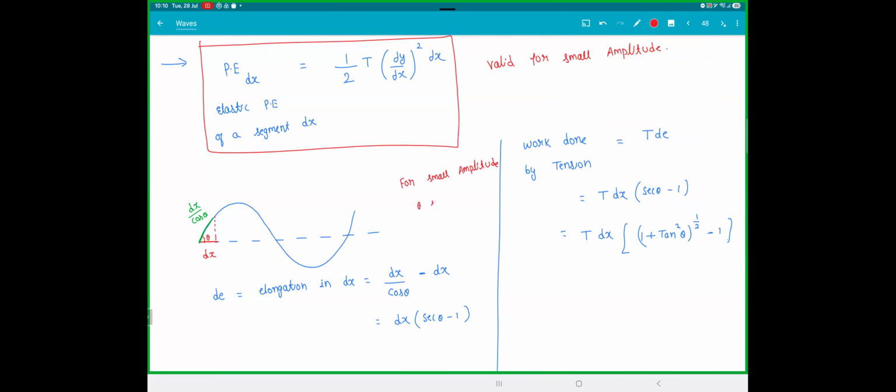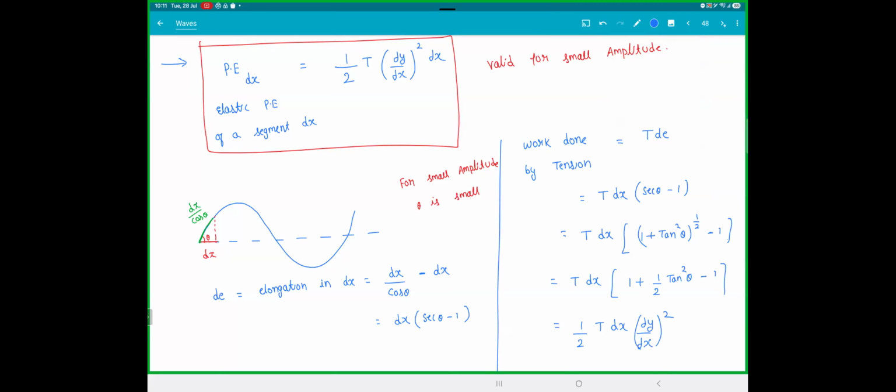So theta is small, and then you can use the binomial approximation. So this will become T into dx into (1 plus half tan square theta minus 1). The 1 will cancel. You end up with half into T into dx, and tan square theta is nothing but (dou y by dou x) whole square.